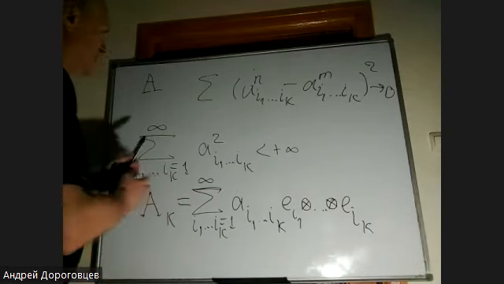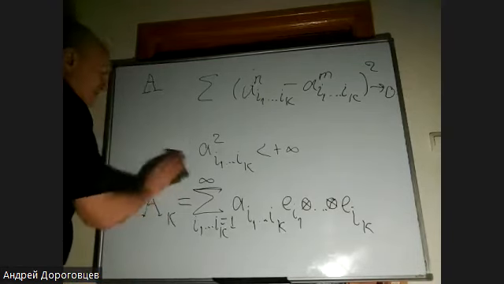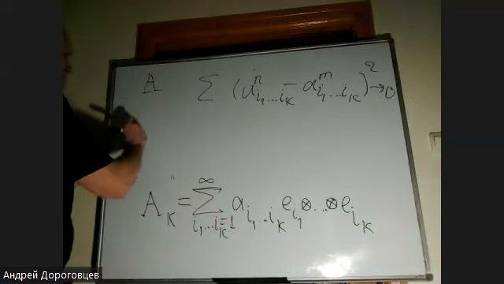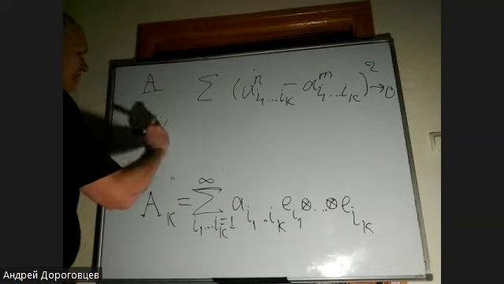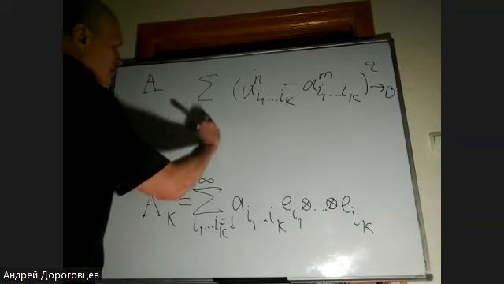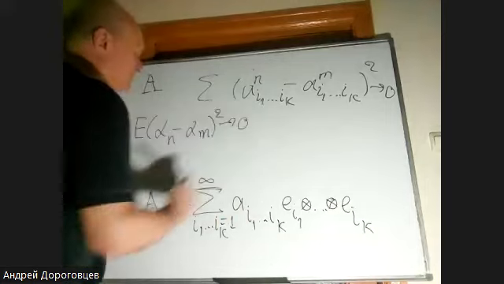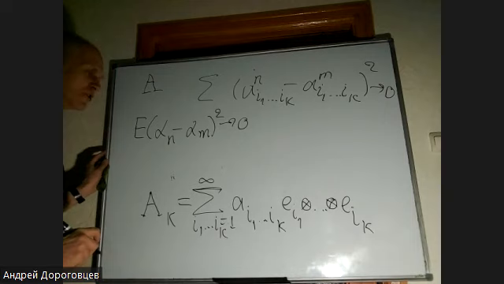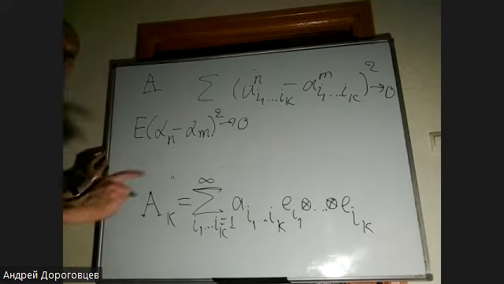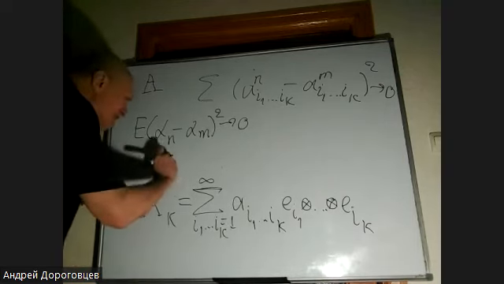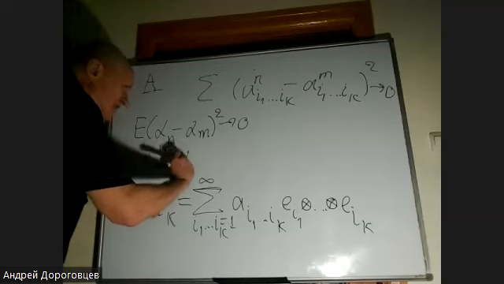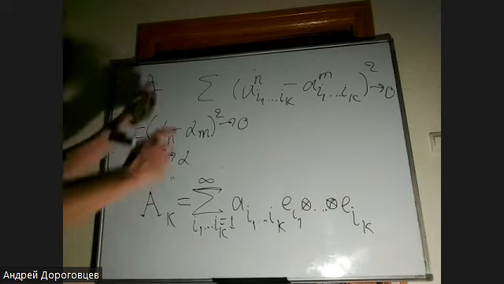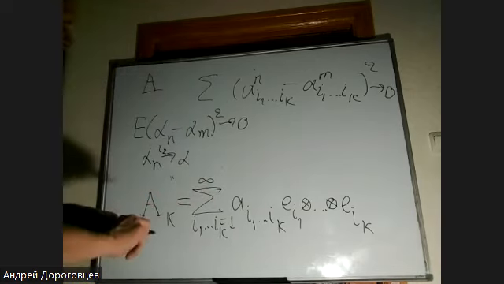We already have that the expectation of (alpha_n minus alpha_m) squared tends to 0. Why do we have this? It follows from the Lévy theorem, that alpha_n converges to alpha. Then this is fundamental, and this is fundamental, so we have the limits.